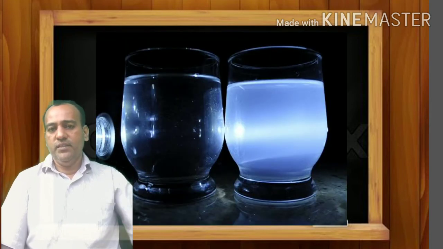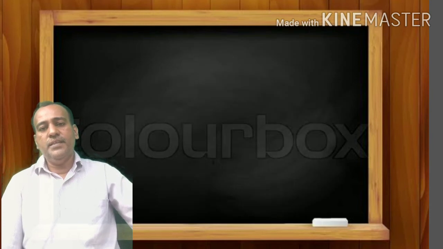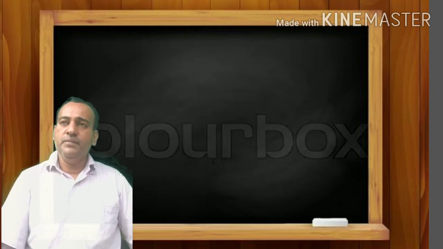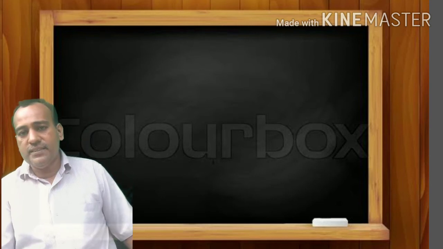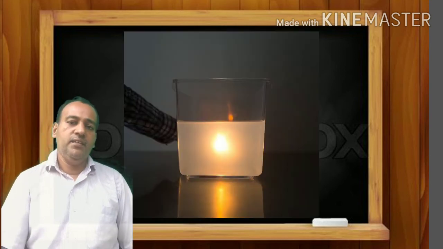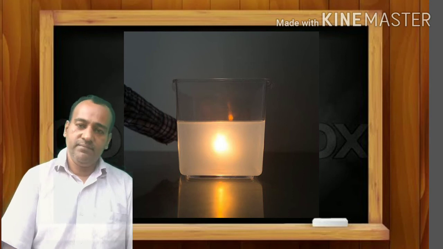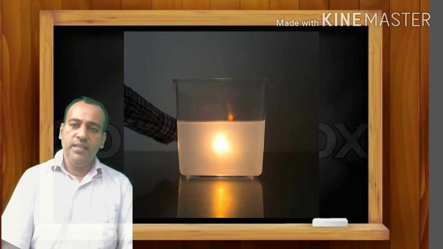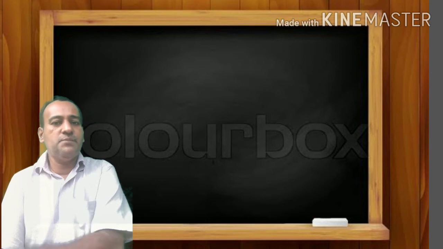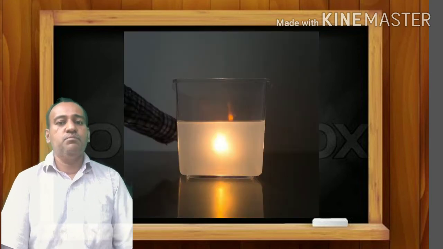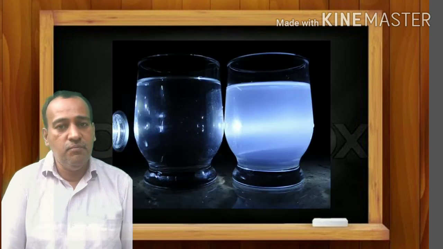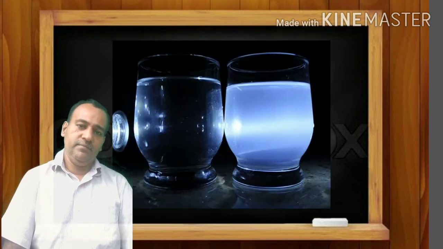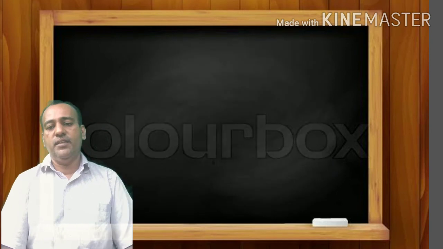But if you pass a beam of light through this and see the transmitted light from the other side, you can see it is red in color. So if the observer sees the transmitted light, he will see it is red. If he sees the reflected color, it is blue. That's all about the color of the colloidal particles.